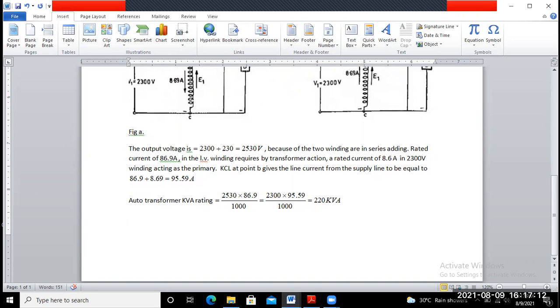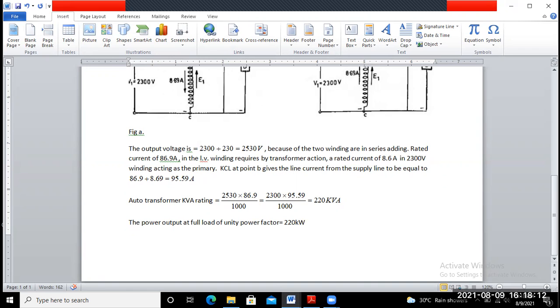So the power output at full load of unity power factor is nothing but 220 kilowatt. Is it not? 220 kilowatt.